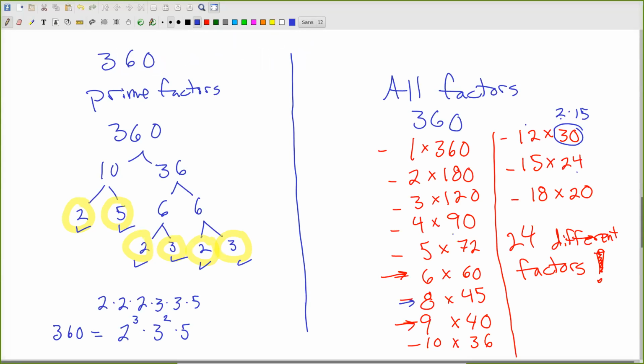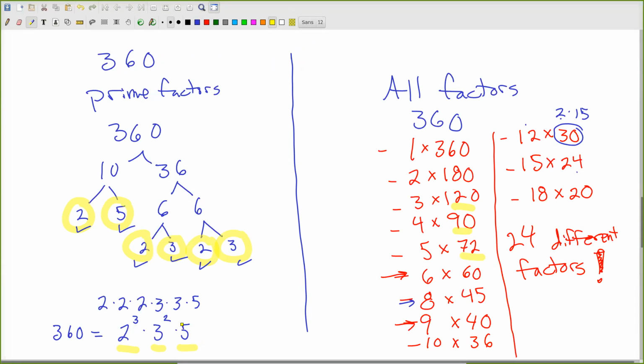If we consider that 360 is equal to the prime factors 2 to the 3rd power times 3 to the 2nd power times 5 to the 1st power, when all of these other factors over here, like the 120 and the 90, let me get a highlighter here, like 120, 90, 72, any factor in this list right here, because 360 is only made up of these prime factors, all of these other factors can only come from a combination of 2s, 3s, and or 5s, okay?